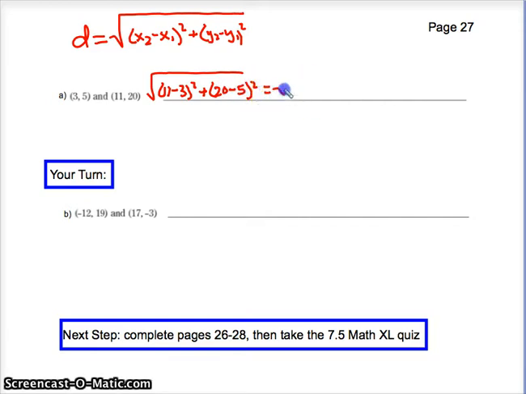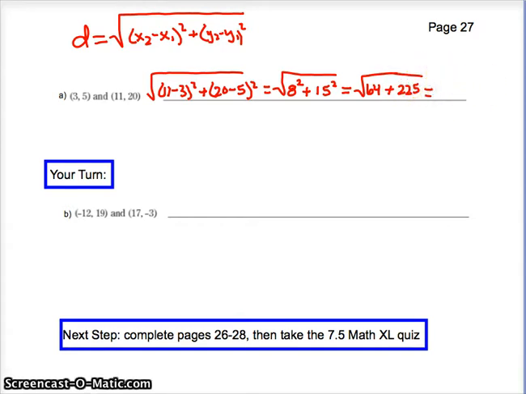This is now equal to the square root of 8 squared plus 15 squared, which is the square root of 64 plus 225.